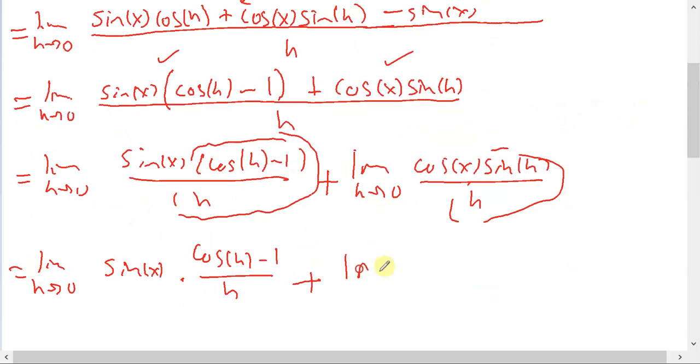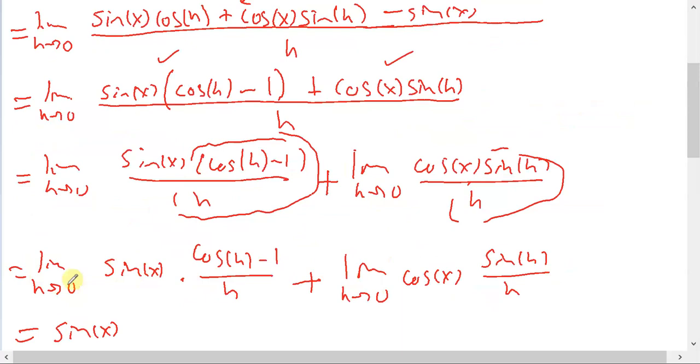Plus limit as h goes to 0. Take the cosine x out in front and leave the sine h over h, because those two limits are ones I can do. So I'm going to look at this now. As h goes to 0, let's see what happens. Well, sine x doesn't have an h in it, so sine x is still going to be sine x, because the h is what's changing. However, this thing was one of our formulas, and if you remember or go back and look, it turns out that that one's 0.